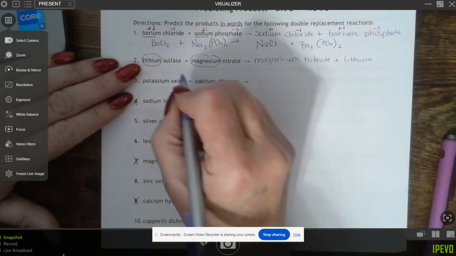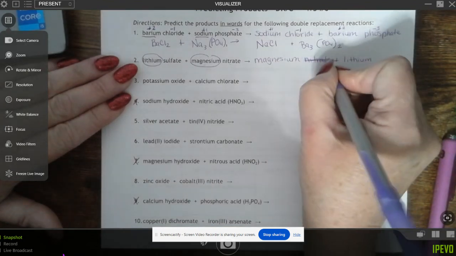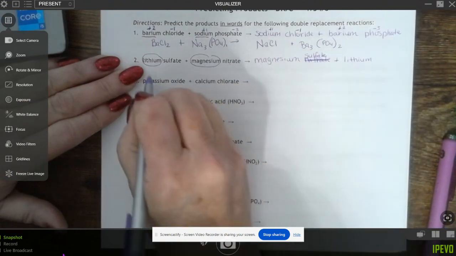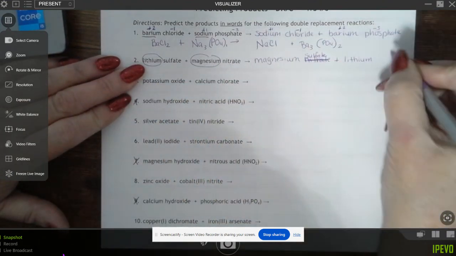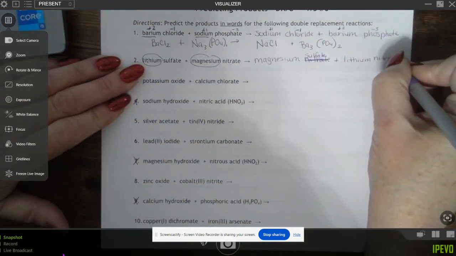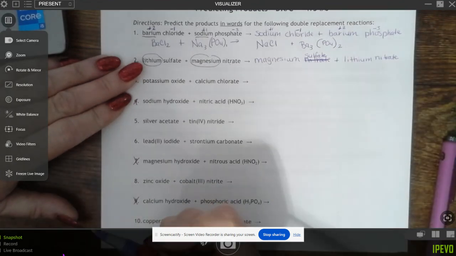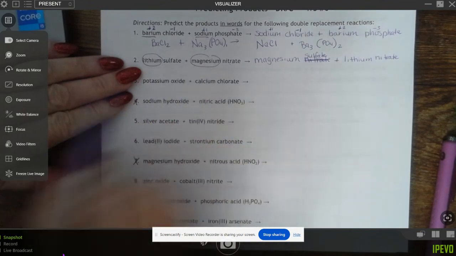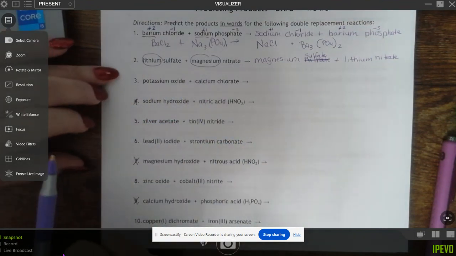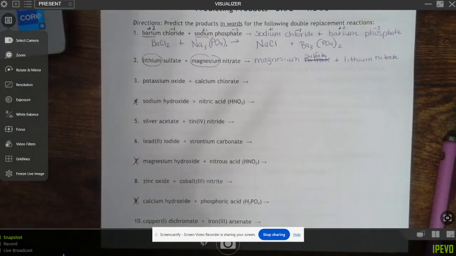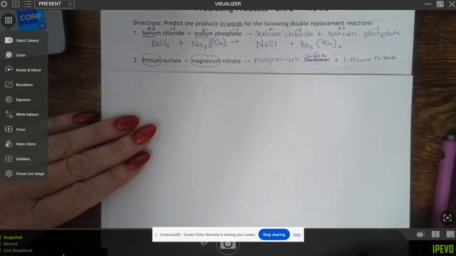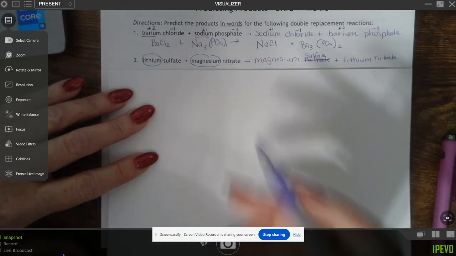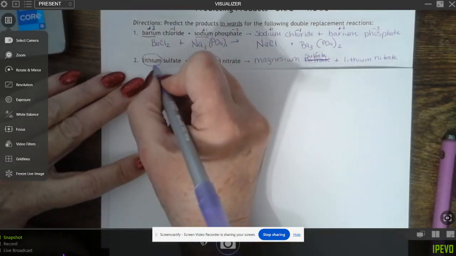I screwed up. Magnesium, I'm sorry, sulfate and lithium nitrate. Okay, so you can see how easy it is to mix these up. So just be careful when you're doing this so that you don't get them confused.